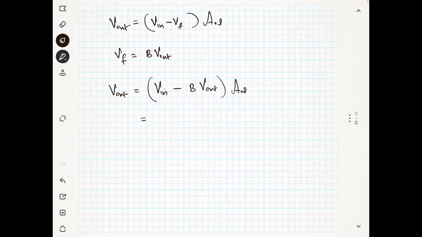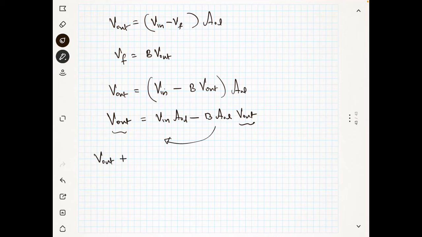I can multiply this: V in into AOL minus B into AOL into V out. Now you see here, I have V out here and here, so I can take it to one side. So V out plus B into AOL into V out is equal to V in into AOL.